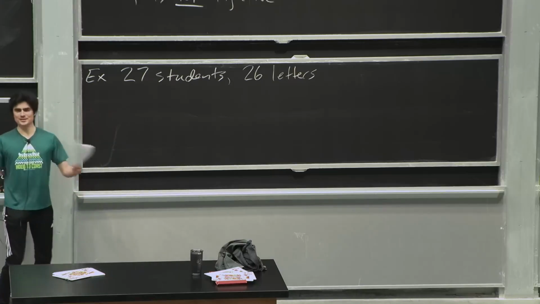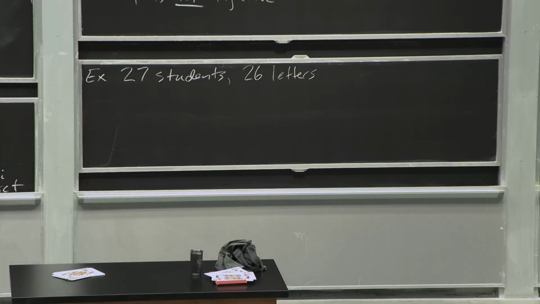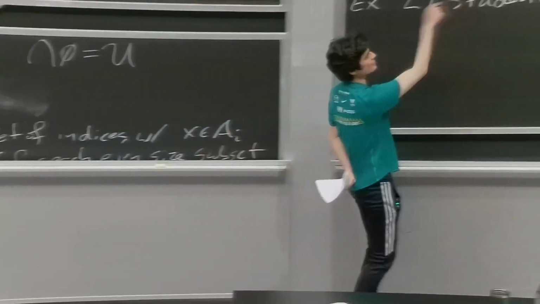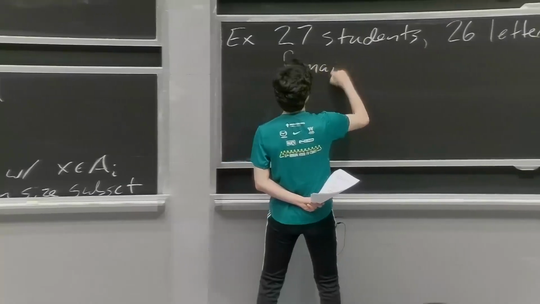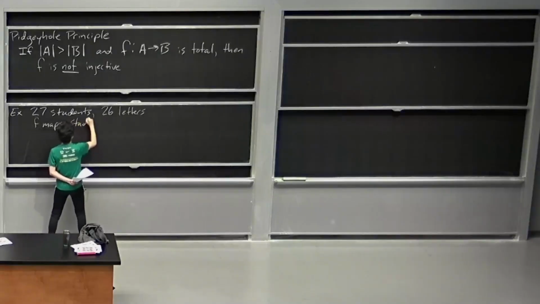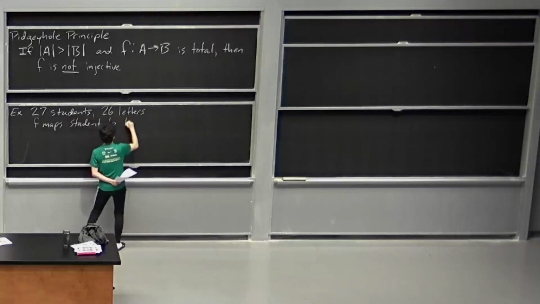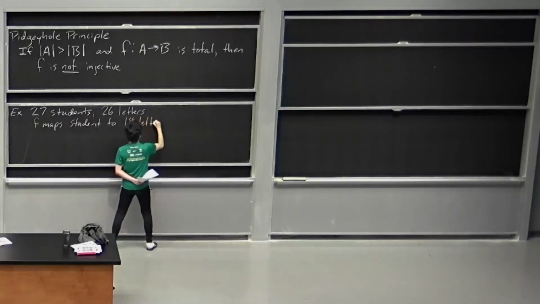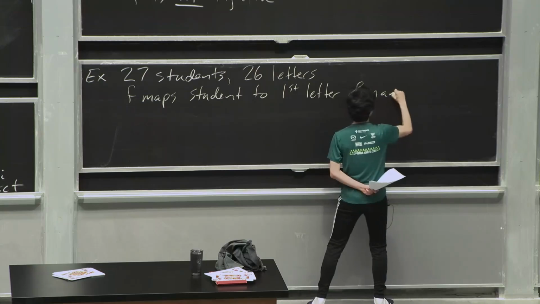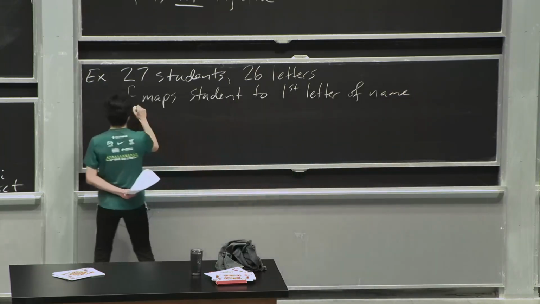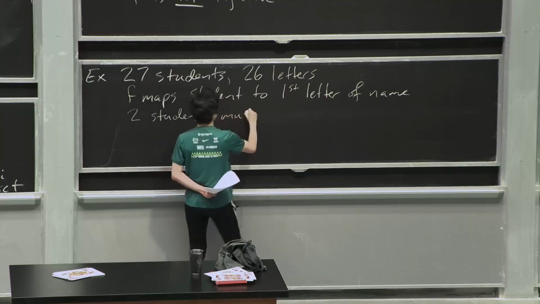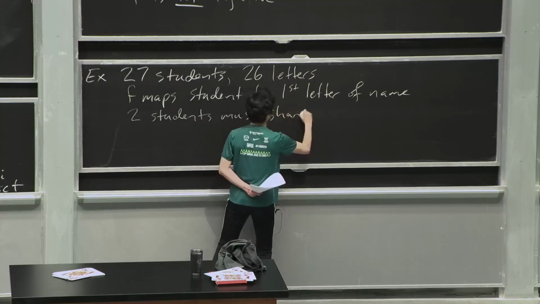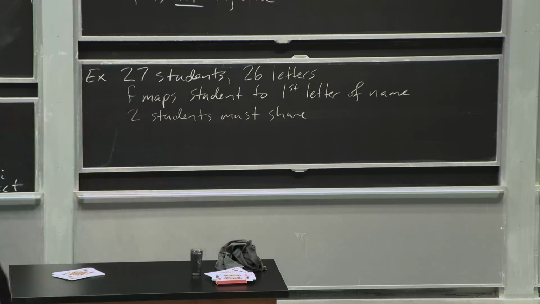So if we map every student to the first letter of their first name, that's a total function, so it can't be injective. Okay, so two students must share. Does that example make sense?